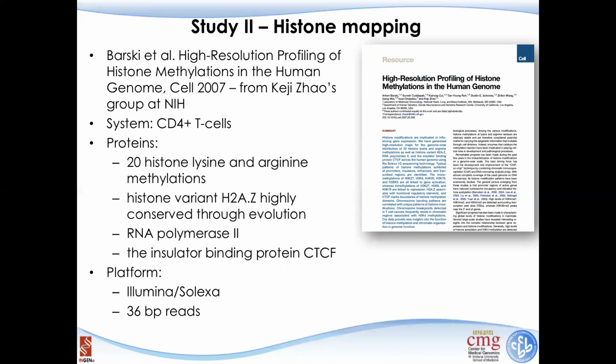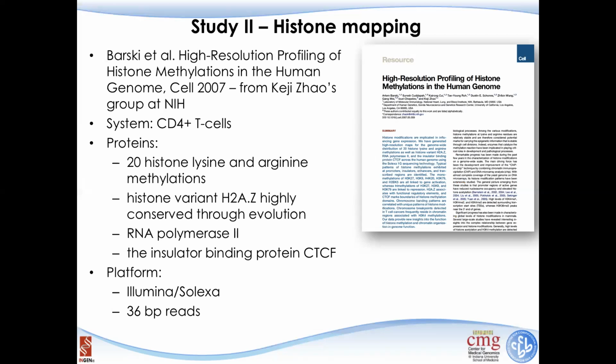This was published in 2007 in the top journal Cell, from Dr. Zhao's lab. They used T cells and tried to identify 20 histone lysine or arginine methylations, and the histone variant H2A.Z, which is highly conserved through evolution. They also wanted to see the pattern of Pol II, because Pol II is strongly associated with transcription, and the pattern of CTCF.